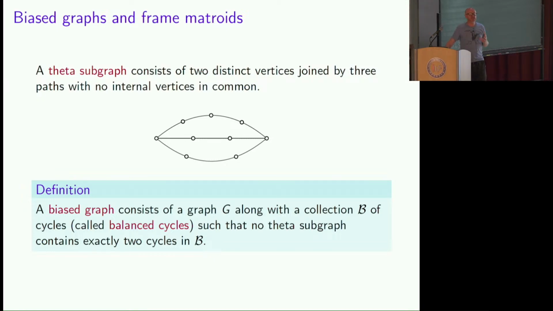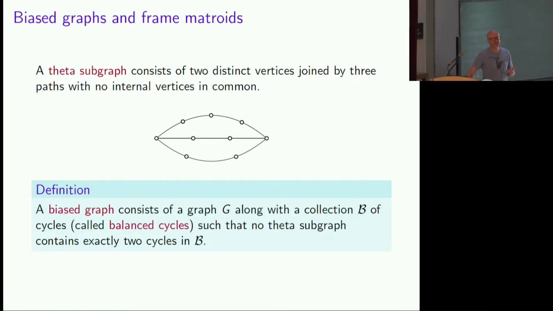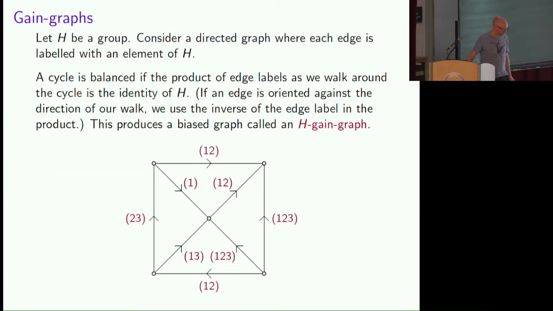In many cases, there is no particular structure to the balanced cycles, but in some cases we want to think about the balanced cycles that come from a labeling of the edges. So H is going to be a group, and I'm going to label the edges of the graph with group elements from H. I'm also going to direct every edge in the graph, and now this structure tells me which cycles are balanced and which cycles are unbalanced.